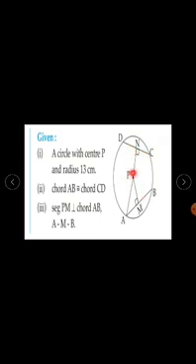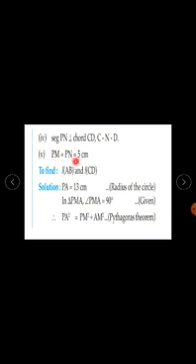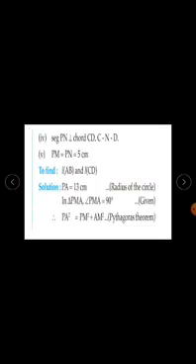PM is equal to PN equal to 5 centimeter. This is your given part. To find length AB and length CD.